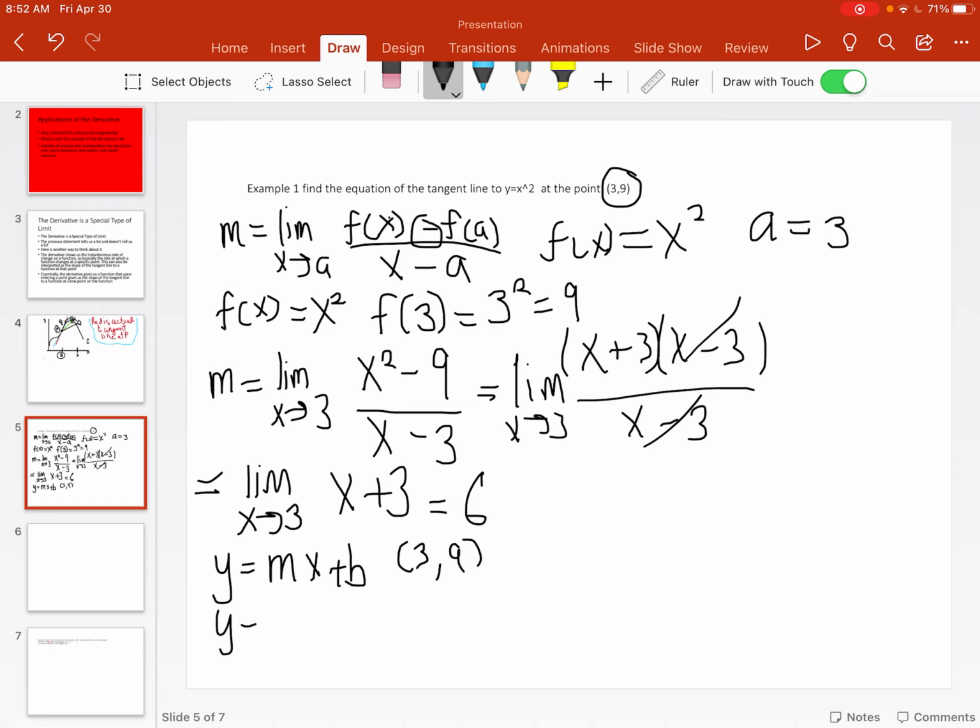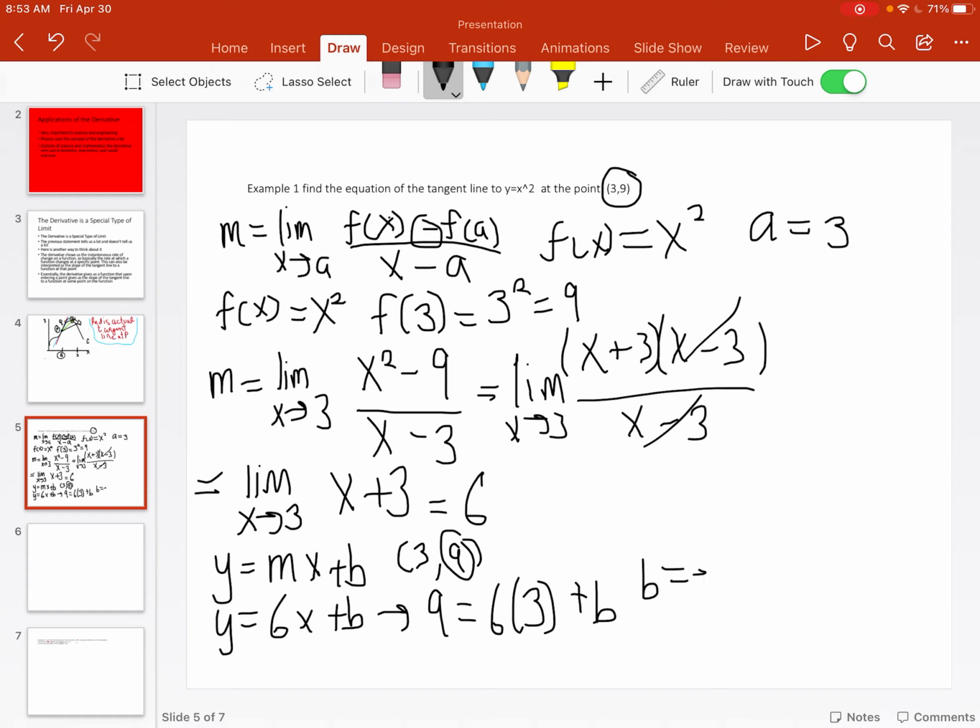First we got the slope, so we have 6x plus b, because the slope is 6. Now we just plug the point in. 9, because 9 is our y, is 6 times 3, plus b. And we solve, and we get b is equal to -9.